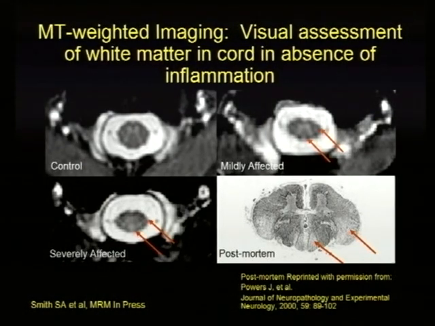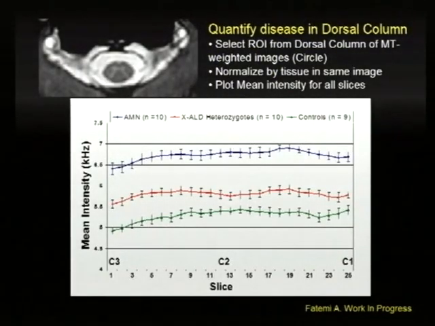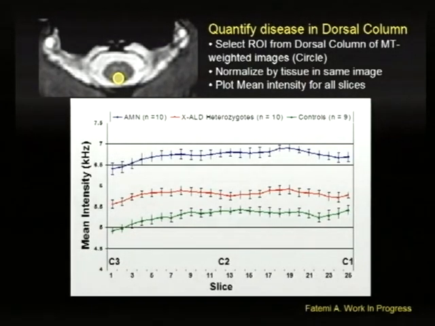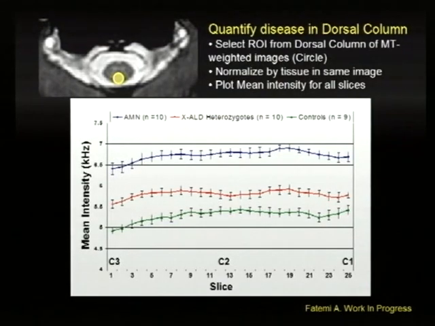So this is the first time that has been accomplished, and then these are quantitative values, looking at exactly that extremely small part of the spinal cord, and one can actually obtain 25 different planes of the spinal cord. And this is what happens in normal people. This is what happens in men with AMN.